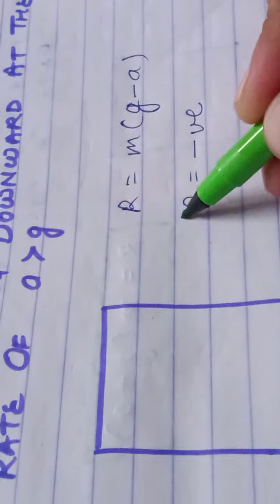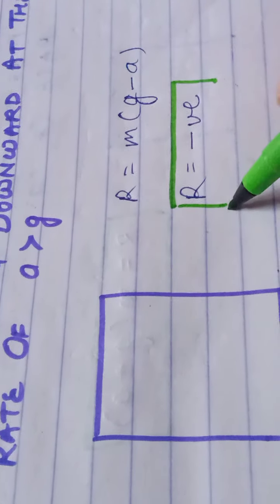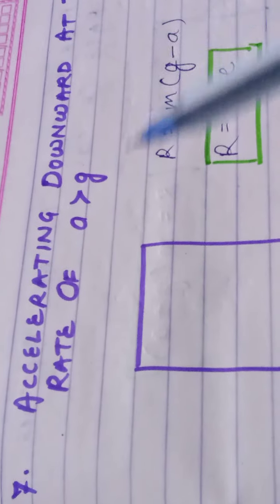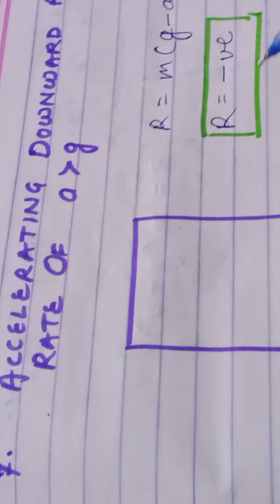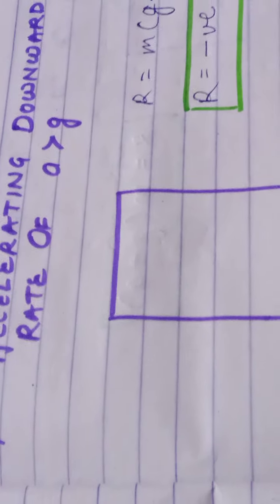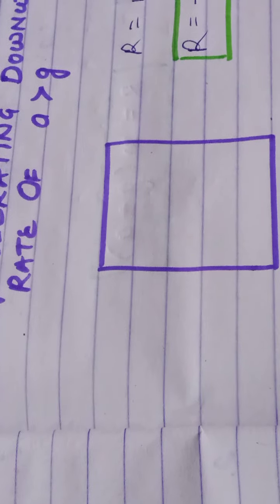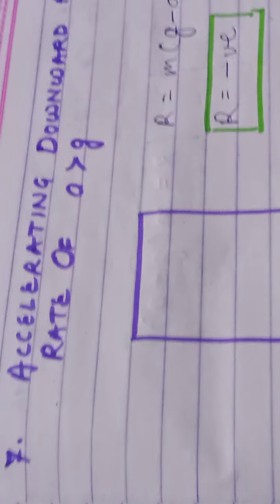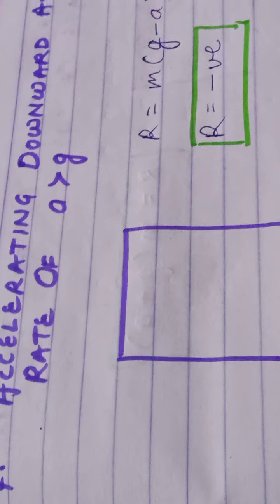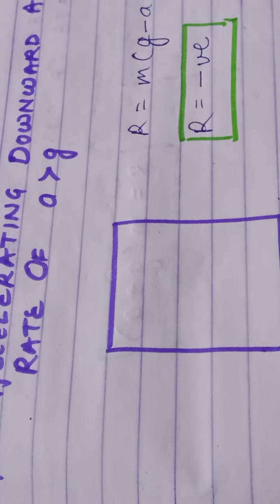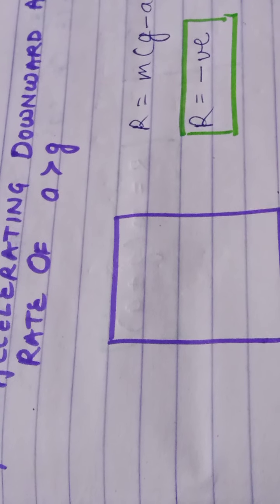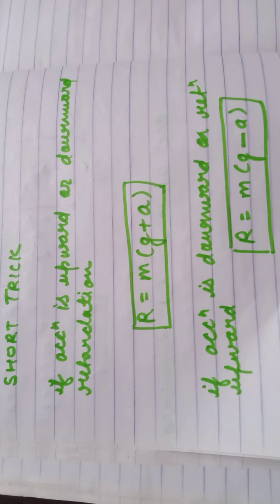This is the point you should keep in your mind. Accelerating downward at the rate of a greater than g, then R is always negative. These are the conditions where we apply our short trick and solve within seconds. This is the short trick.